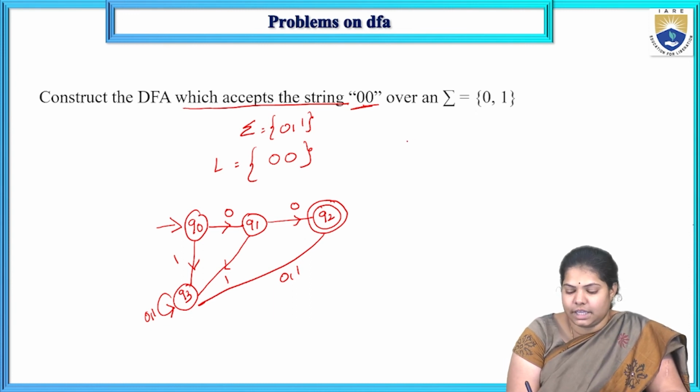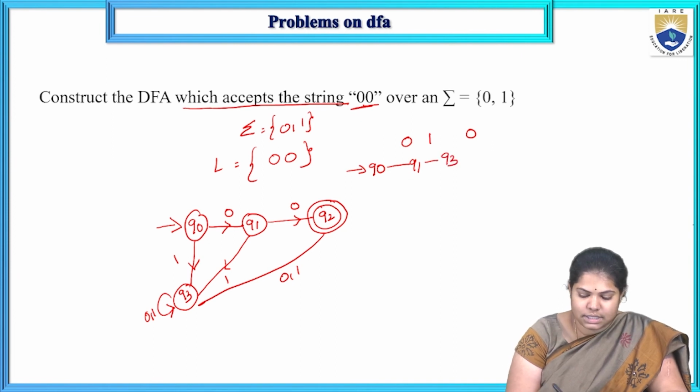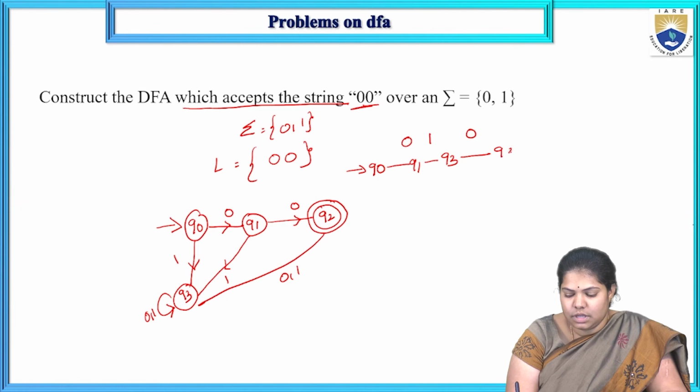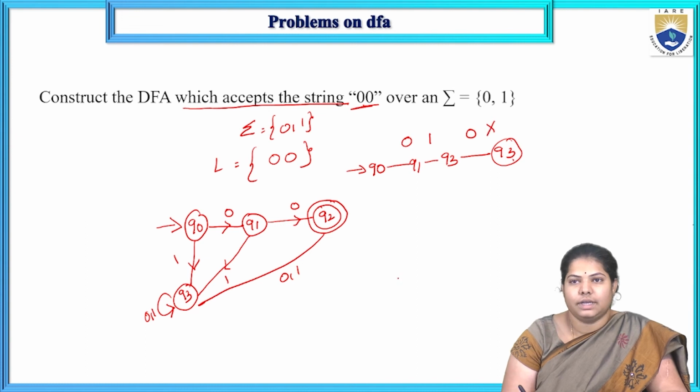So let us check. If I take the string 1 0, I start with Q0. On seeing 1, I reach the dead state Q3, and on Q3 on seeing 0, I stay in Q3. So it doesn't reach the final state. Therefore this string is not accepted.